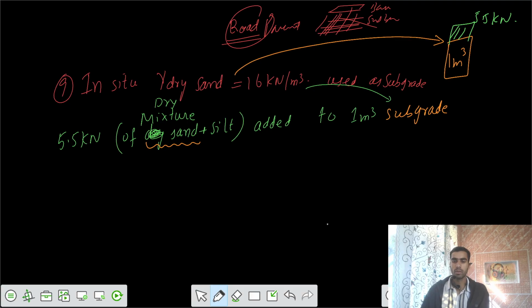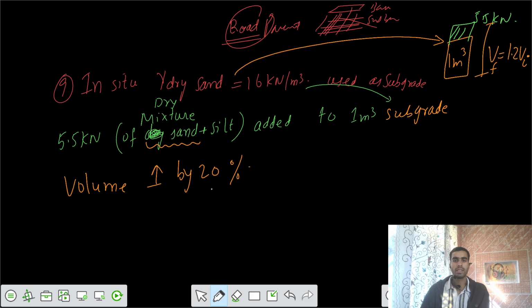After that, what's going to happen? Now it says that your final volume is the initial volume times 1.2. So your volume got increased by 20%. These are the 3 statements.